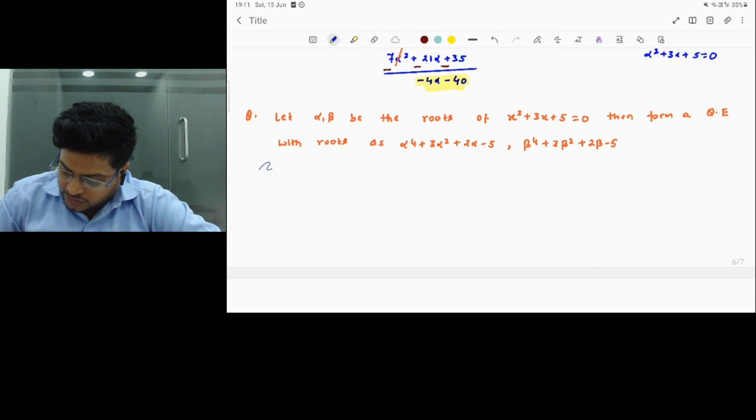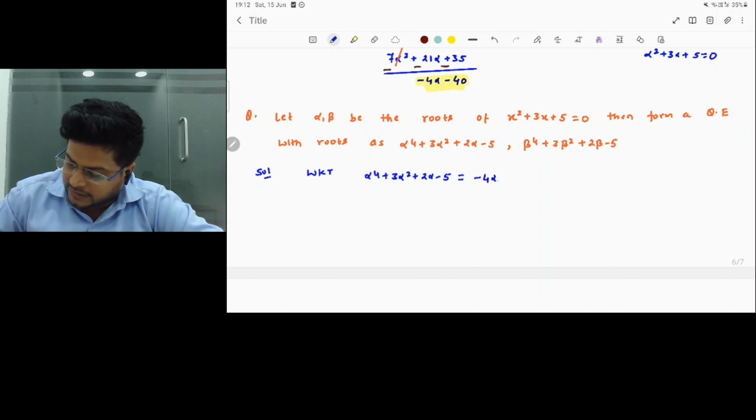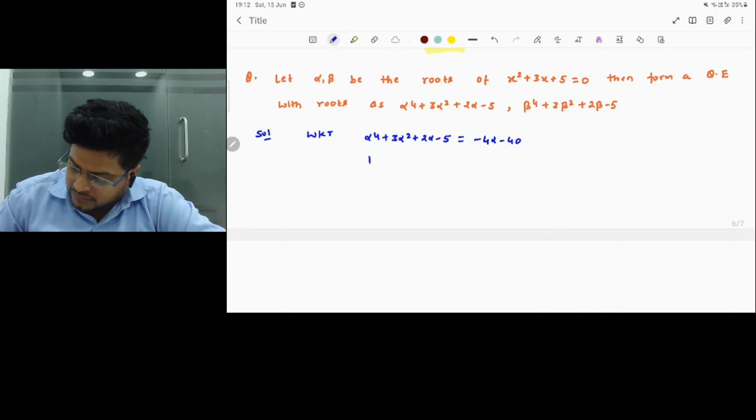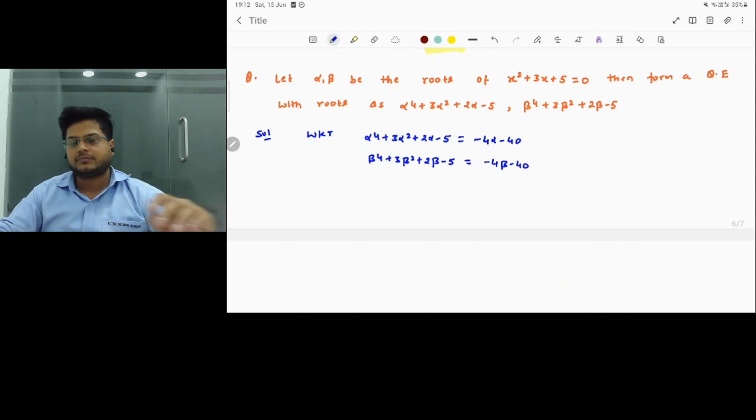So when we go to the solution, we know that alpha to the power 4 plus 3 alpha square plus 2 alpha minus 5 is actually equal to minus 4 alpha minus 40. And similarly, beta to the power 4 plus 3 beta square plus 2 beta minus 5 is going to be equal to minus 4 beta minus 40.